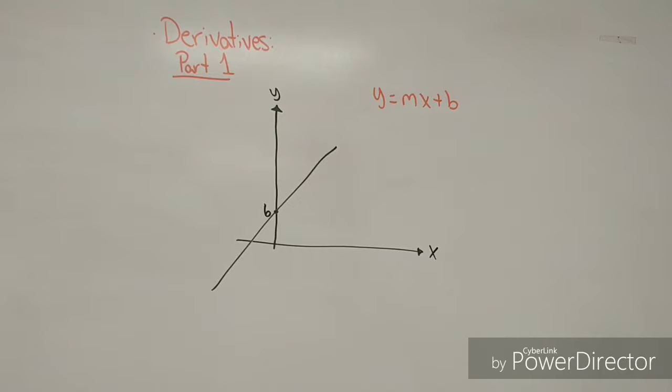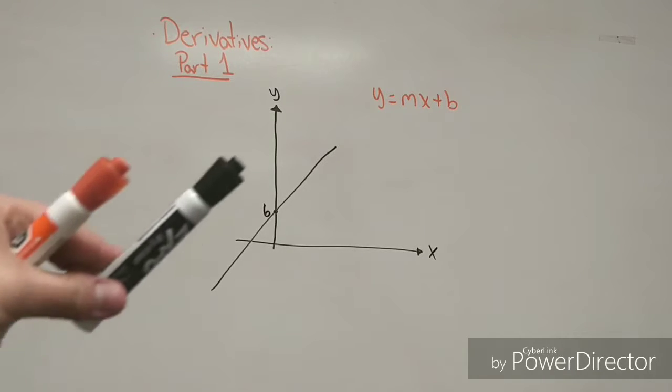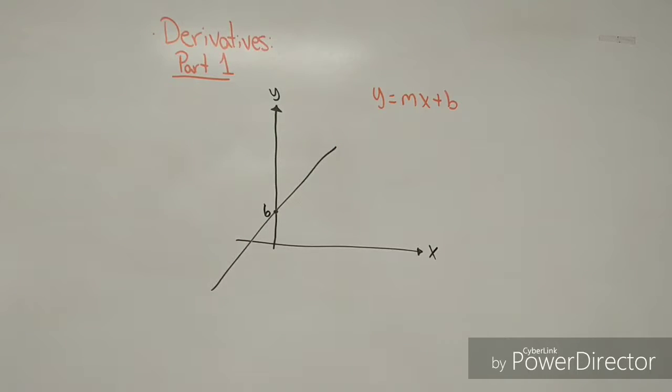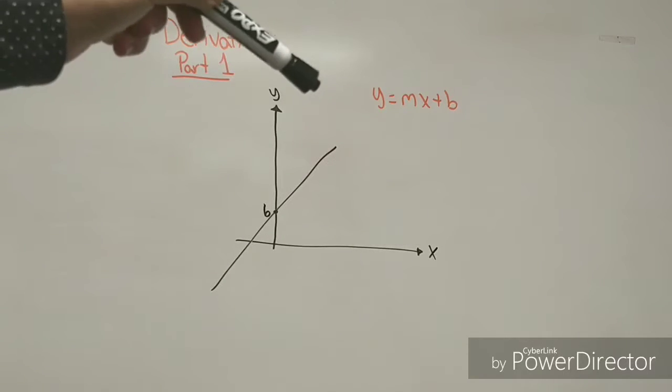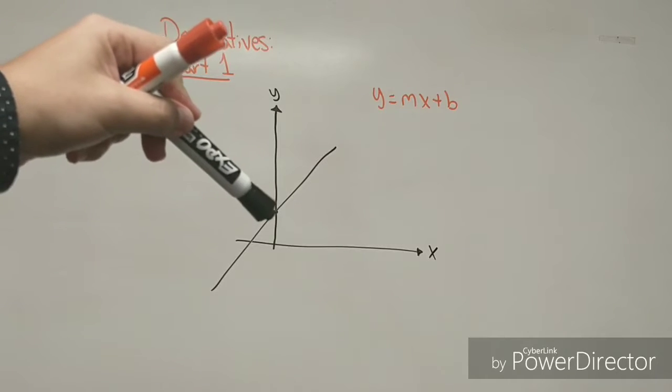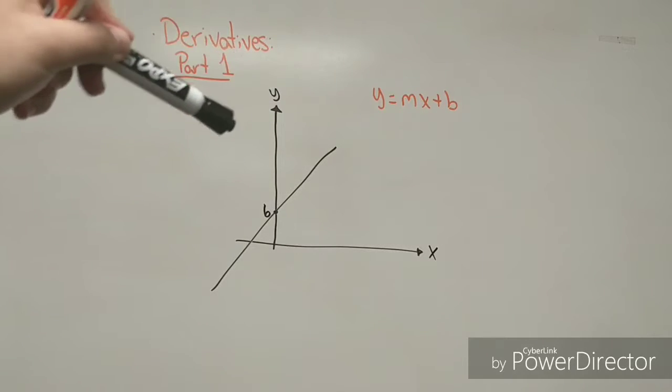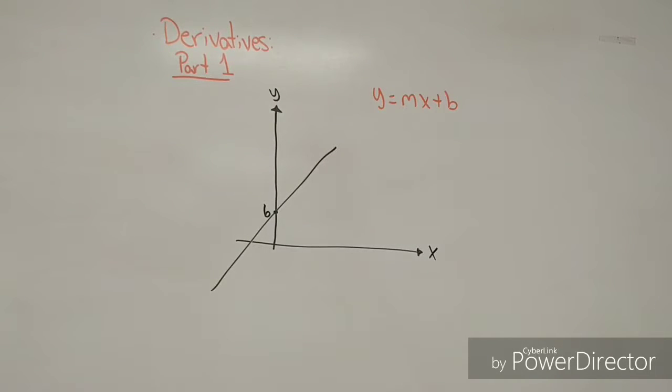Okay, just recalling from one of our previous lessons, if we draw a straight line like this one, we already know the equation of the line is y equals mx plus b, where b is the intersection with the y-axis. So what do we want to know right now?